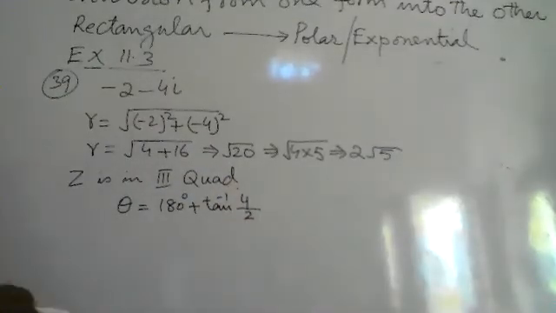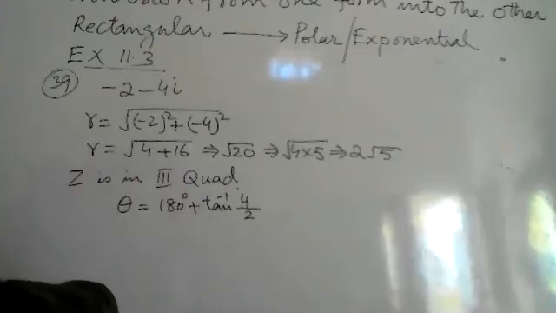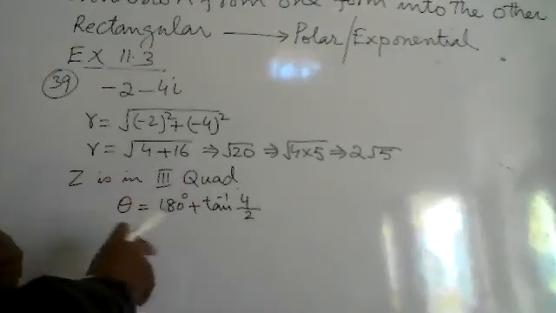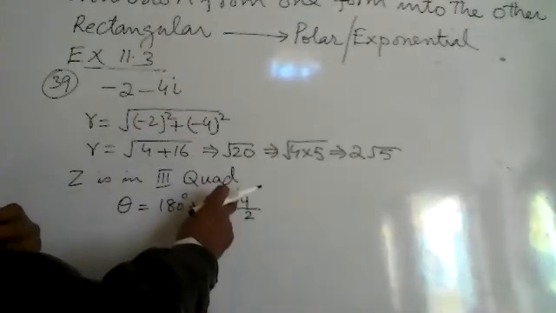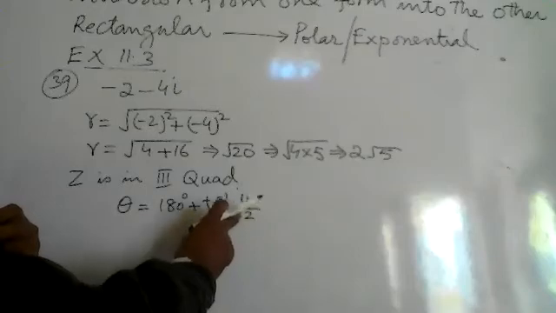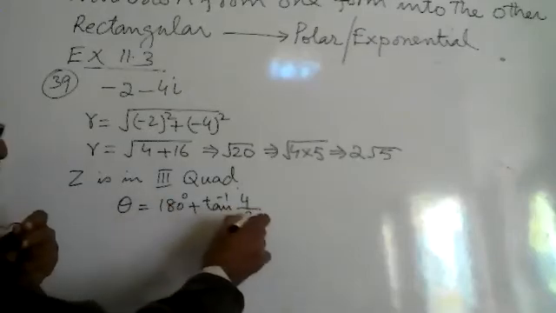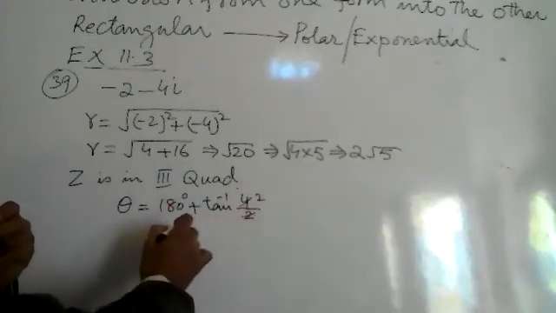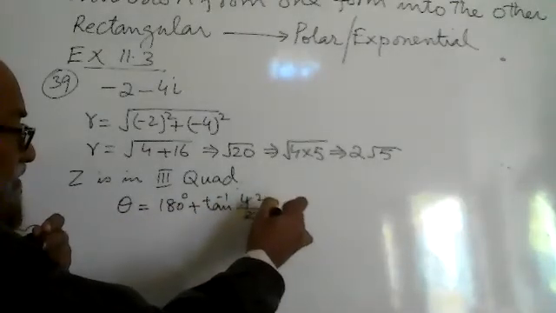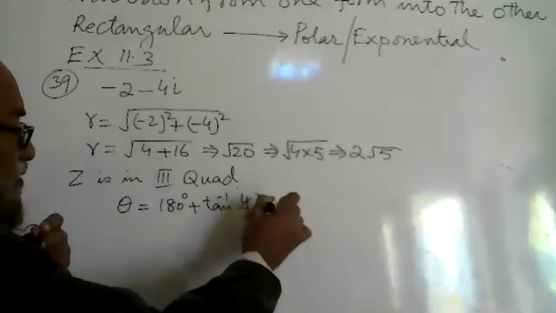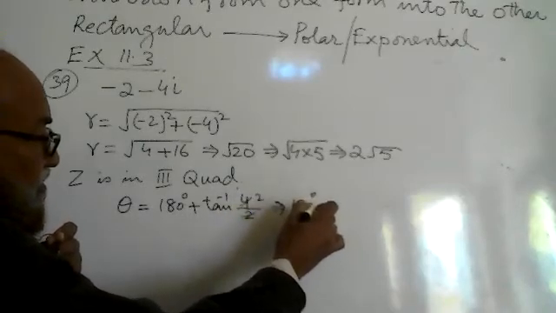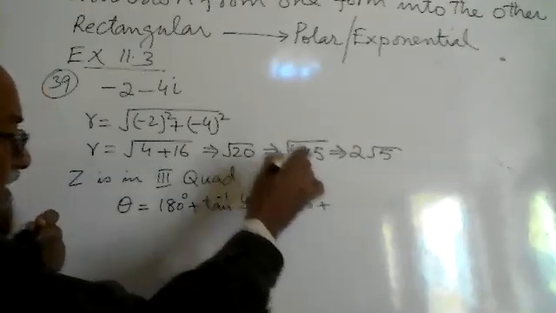We have to take the positive sign in all the quadrants. Both the imaginary part divided by the real part should be positive. So this is tan inverse 2. So 180 degree plus tan inverse 2.